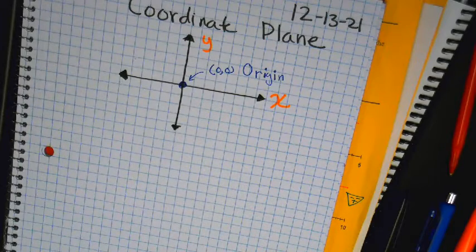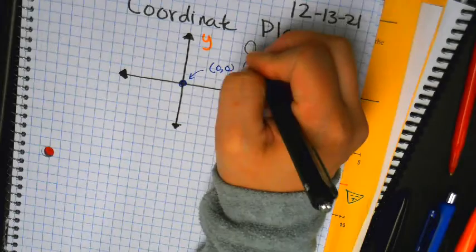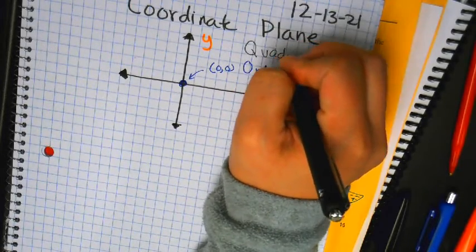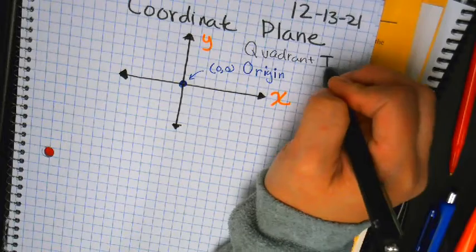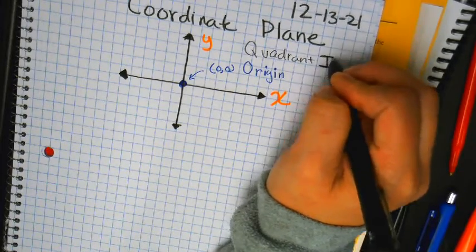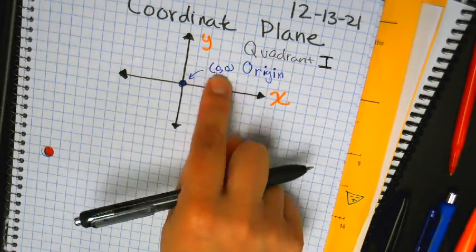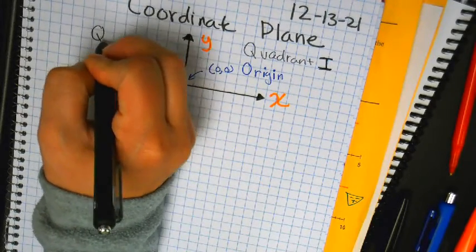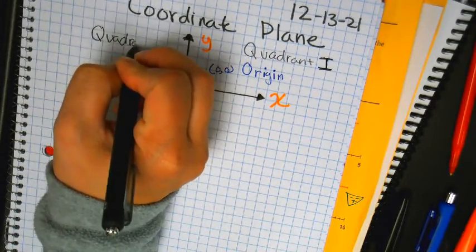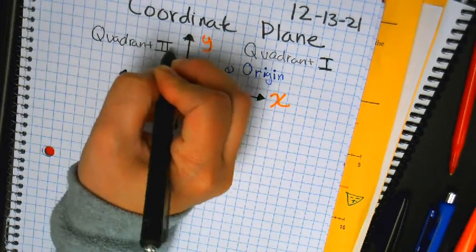Does that sound familiar? Okay, this one is called quadrant 1, and you use Roman numerals. Maybe she just used Roman numerals and didn't call it quadrant. So this first part is quadrant 1. Then you go the opposite of a clock. This is quadrant 2. So Roman numeral 2.